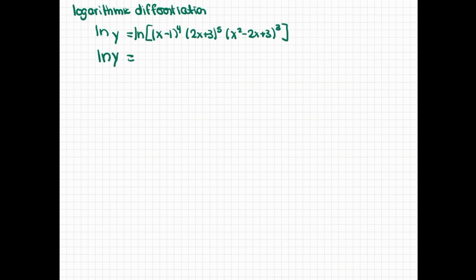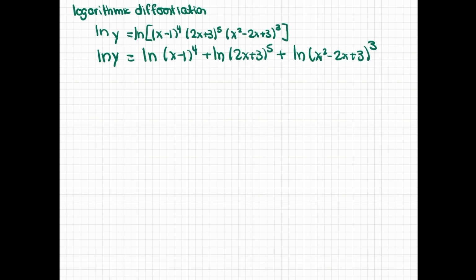So ln of y, or the natural logarithm of y, is going to be equal to ln of (x minus 1) to the power of 4 plus the ln of (2x plus 3) to the power of 5 plus the ln of (x squared minus 2x plus 3) to the power of 3.